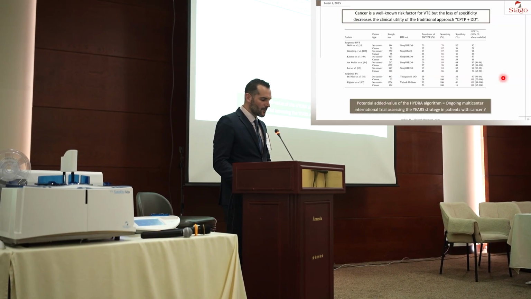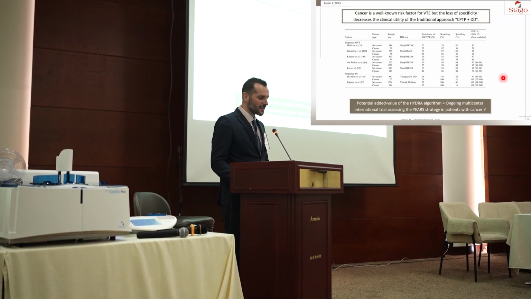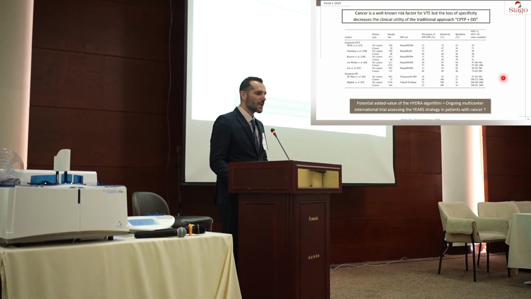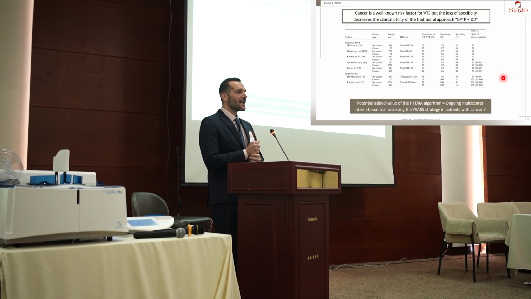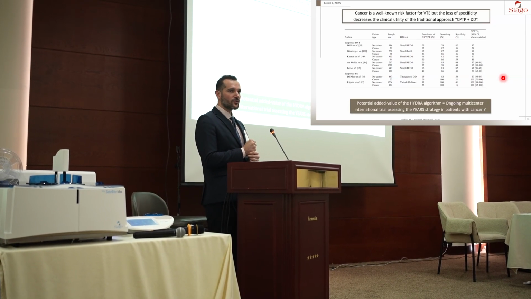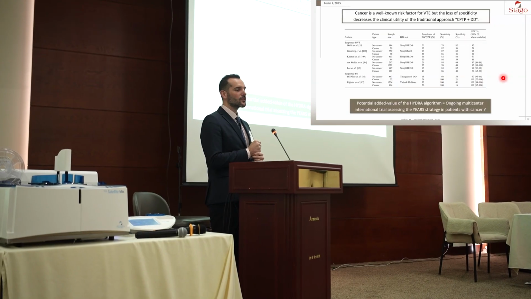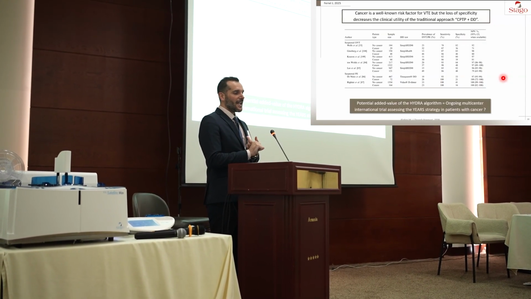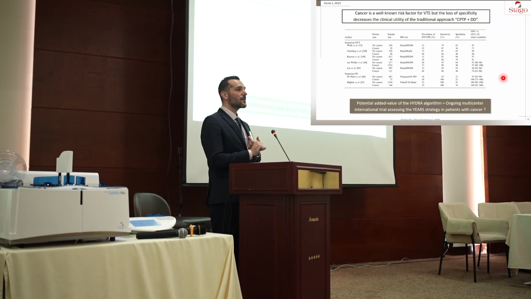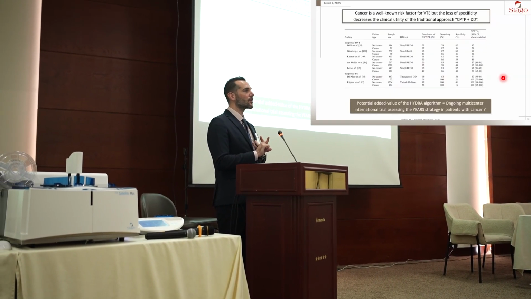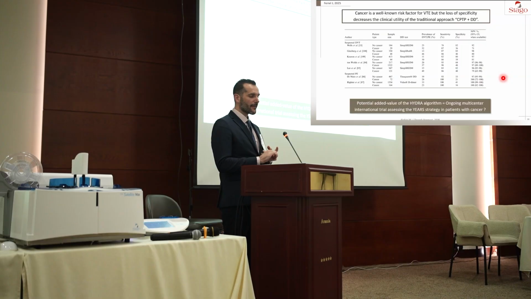So to sum up the information in this presentation, D-dimer assay cannot be used alone to exclude deep vein thrombosis and pulmonary embolism. We have to combine this D-dimer assay with the clinical pretest probability.